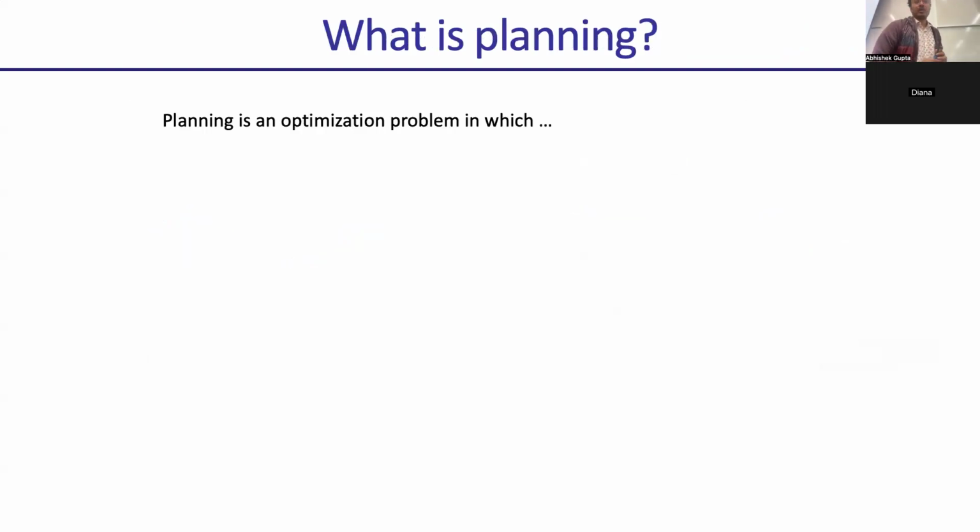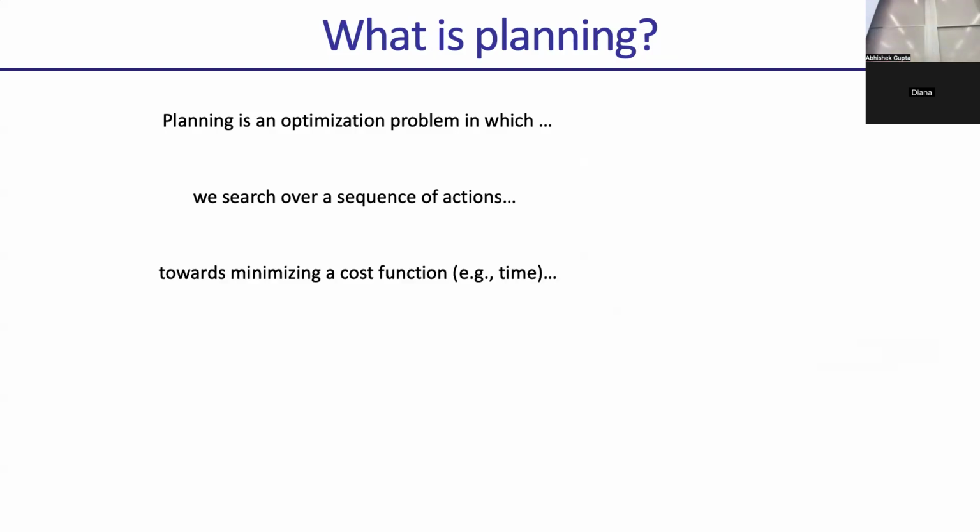Okay. So if you think through the planning problem, planning is an optimization problem, right? It's not always cast as an optimization problem, but really it is, where you're trying to search over a sequence of actions or waypoints which minimize some cost function. The cost function could be time, it could be fuel, it could be tilt, it could be whatever you define.